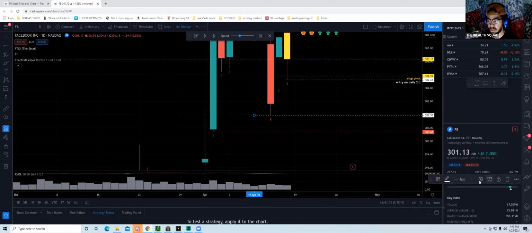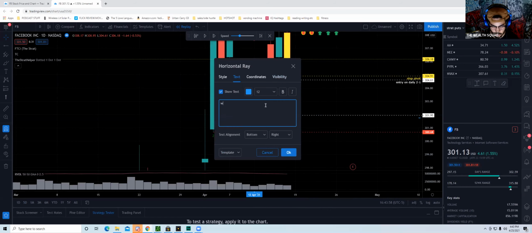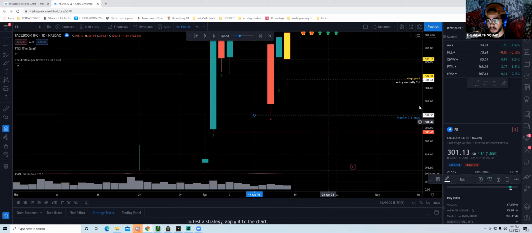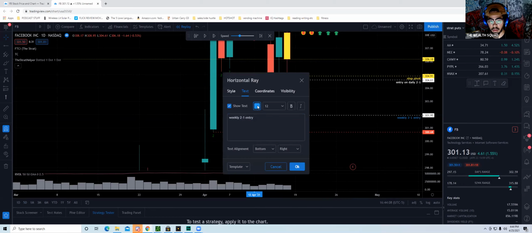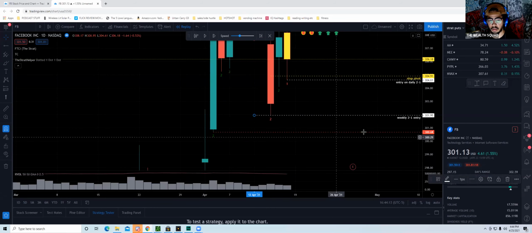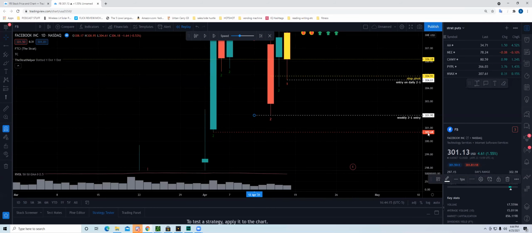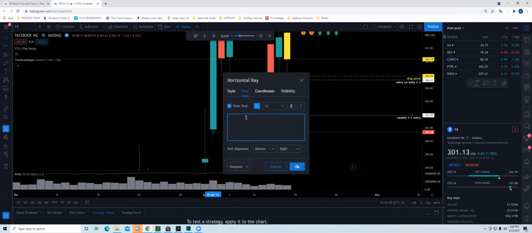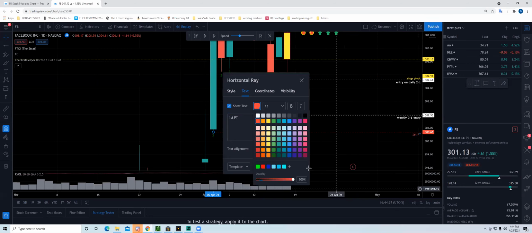This would be my weekly 2-1-2 entry. Boom. Okay. Then this would be my, change that to red.